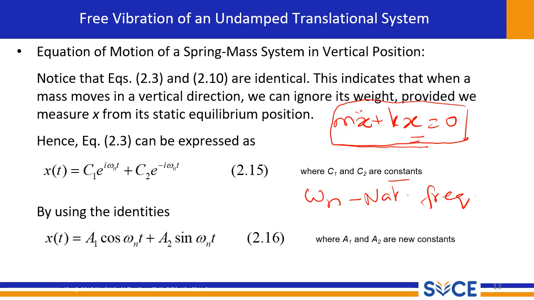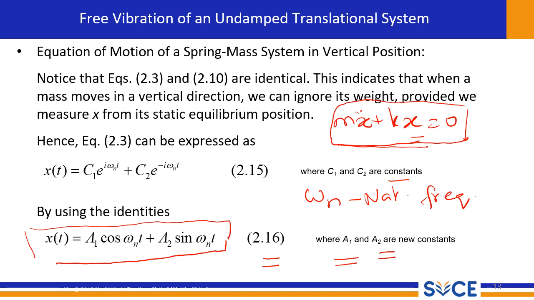Equation 2.6 shows an alternative but equivalent form of the general solution using sine and cosine functions, where A1 and A2 are once again constants related to C1 and C2. A1 and A2 correspond to the initial displacement and initial velocity respectively.